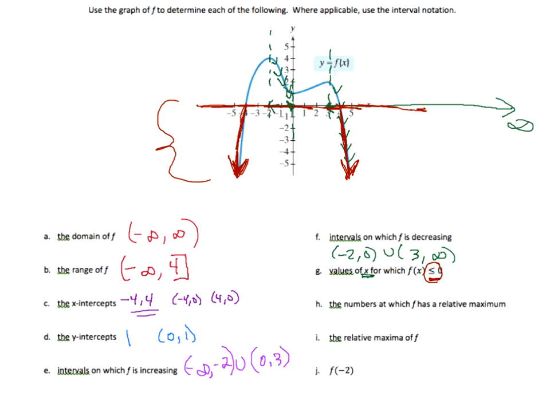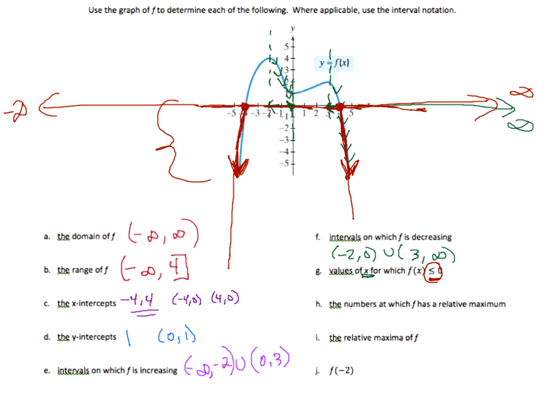So they want to know for what x values does your function exist below 0. So that's this part of our function and this part of our function. I'm sorry, not just below, but also equal to 0. So it's less than or equal to. So we want to include those values on the x-axis there.